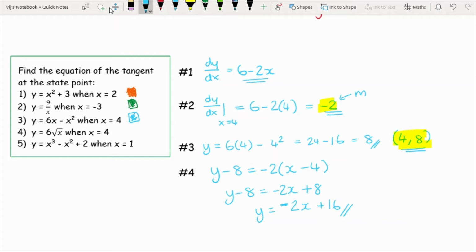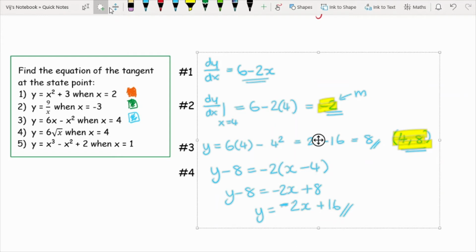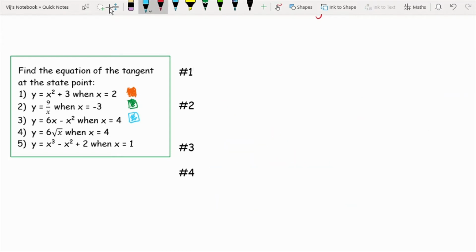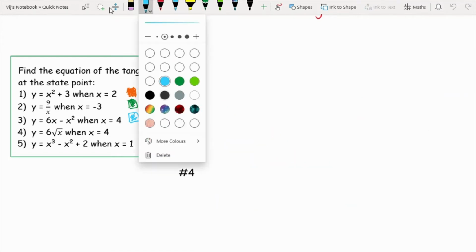So moving on to example 4, getting rid of all that. And again, let's pick another contrasting colour. Let's go for purple this time.